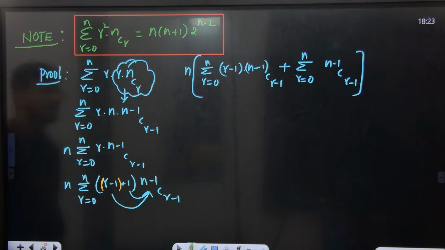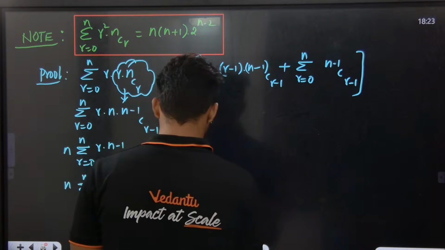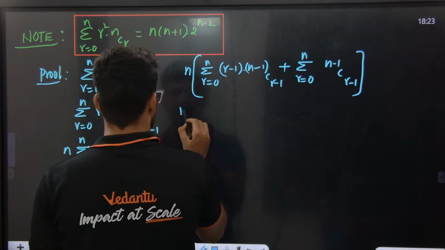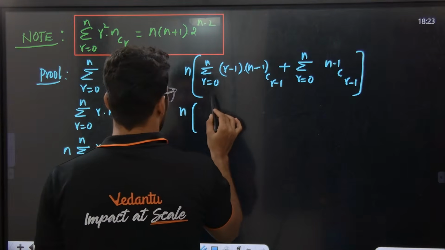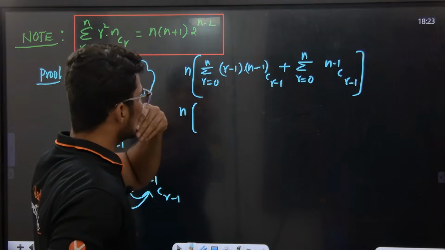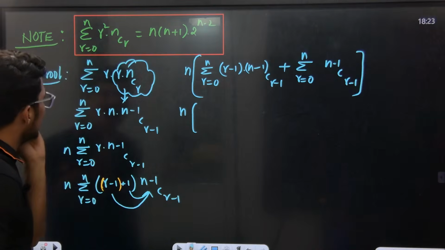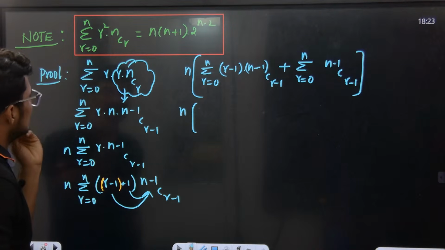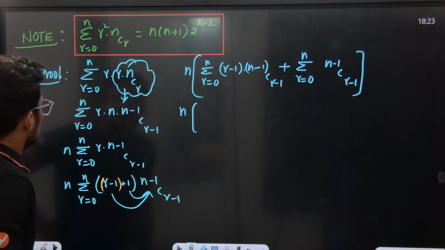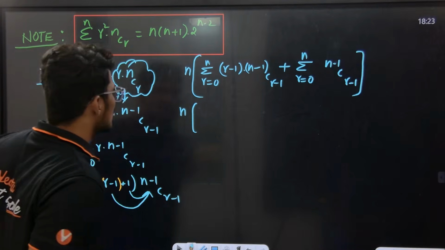Okay, now what is the formula for this sir? Directly, we can write this as this. n as it is, sigma, I mean r minus 1. See, r into n minus 1 cr, correct or not? Since it looks like r into ncr, we can apply n minus 1 minus 1, right?